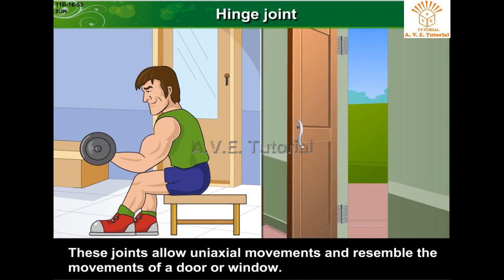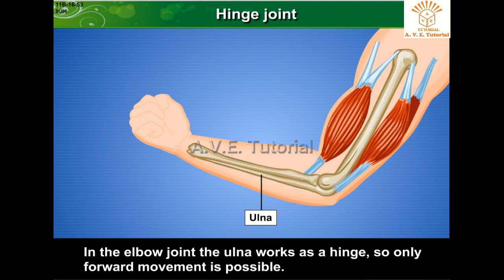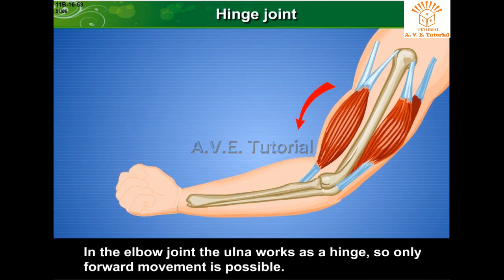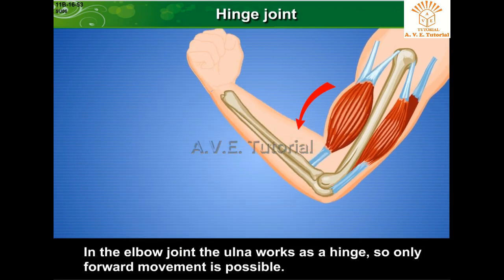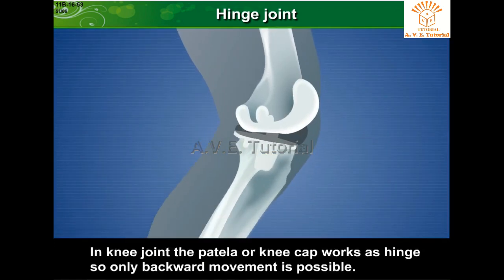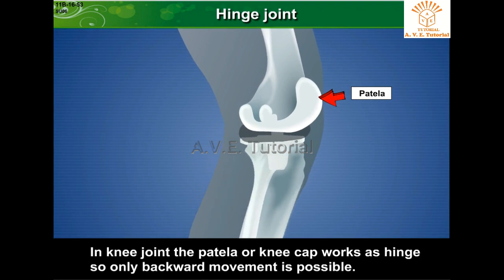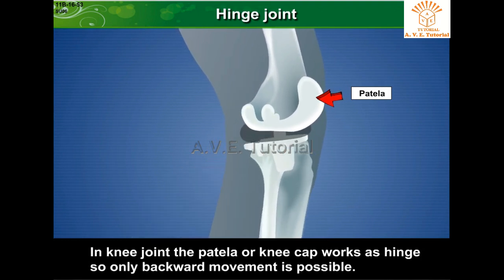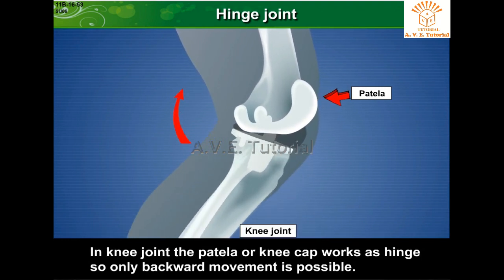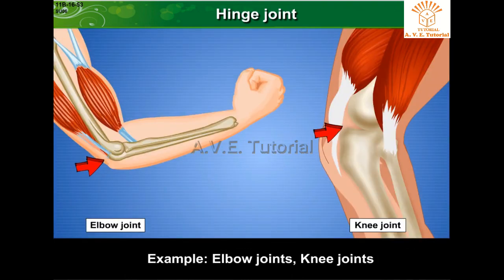In the elbow joint, the ulna works as a hinge, so only forward movement is possible. In the knee joint, the patella or kneecap works as a hinge, so only backward movement is possible. Examples: elbow joints, knee joints.